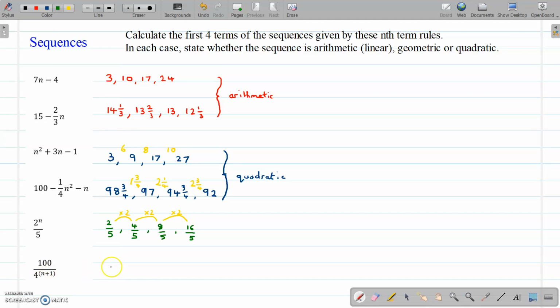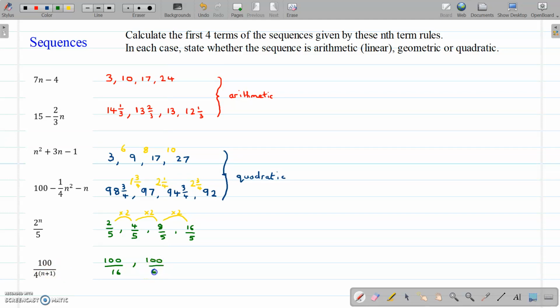So 100 over 4 squared is 100 over 16. So it's 100 over 16, the first term. Now the second term, when n is 2, it's going to be 100 over 4 to the power of 3, which is 100 over 64.